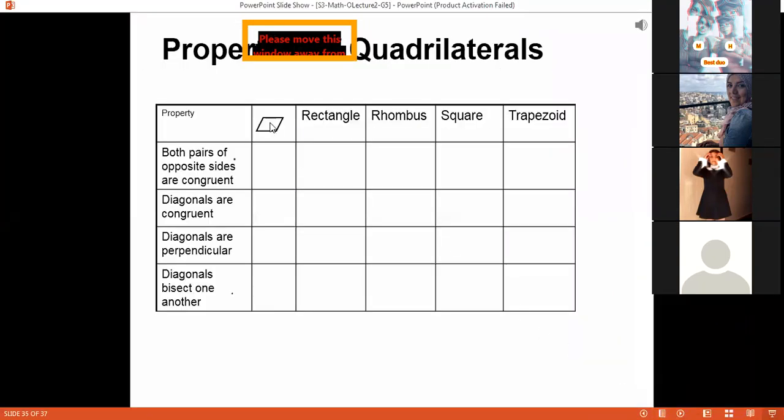Let us first of all talk about the parallelogram. This is the parallelogram, the first shape here. Are both opposite sides equal? Yes. Are the diagonals of the parallelogram equal?